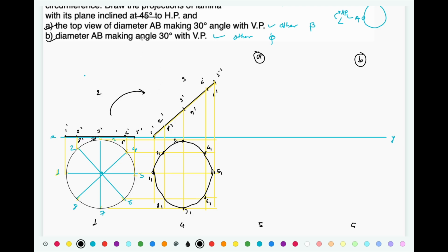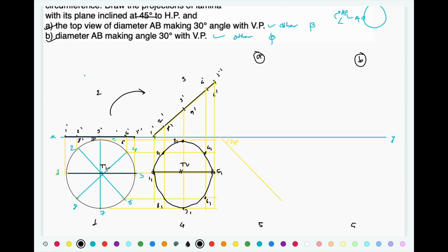The first one, top view of diameter AB is 30 degree inclined to VP. So from here let's draw a line which is inclined at 30 degree, and on that inclined line we are going to place this diameter 1,5, because this diameter is supposed to be inclined 30 degree. Top view of this diameter, this is top view, whereas this is true length.